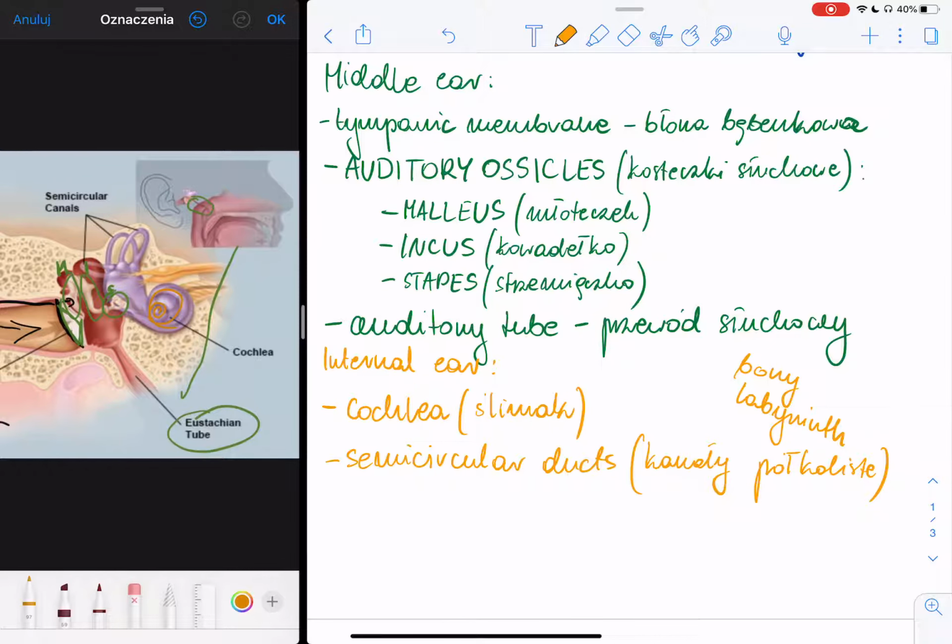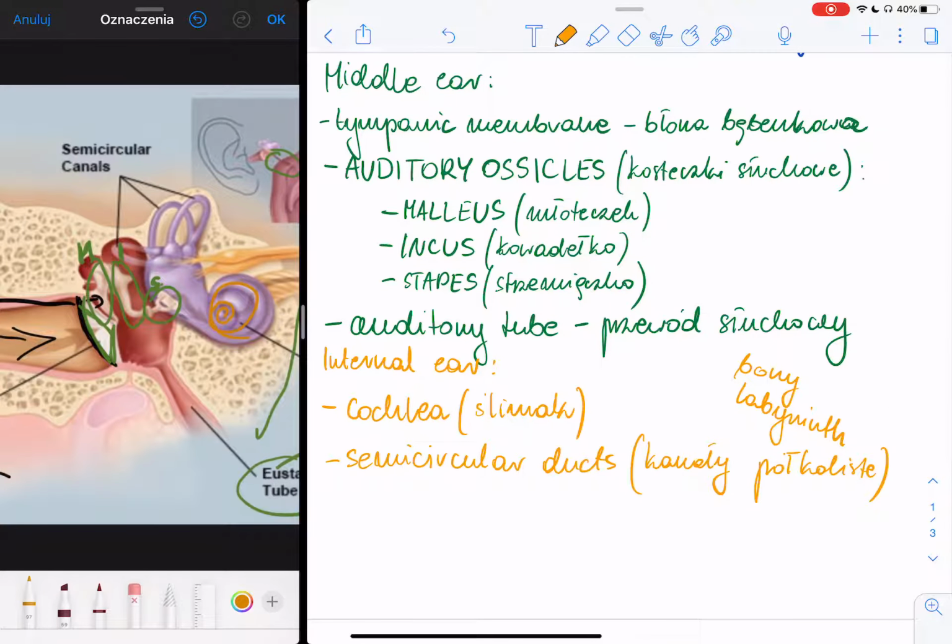So, when the sound wave hits the tympanic membrane, it's being transmitted by malleus, then incus, then stapes, and then stapes is basically knocking on the cochlea's part. Inside cochlea, we have a fluid that acts as a transmitter of the physical wave.